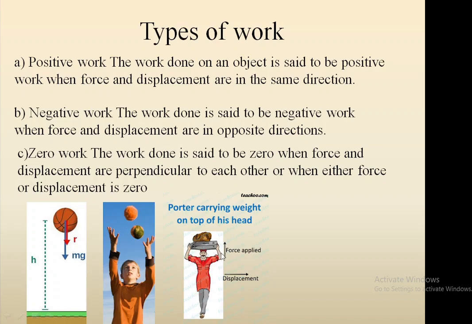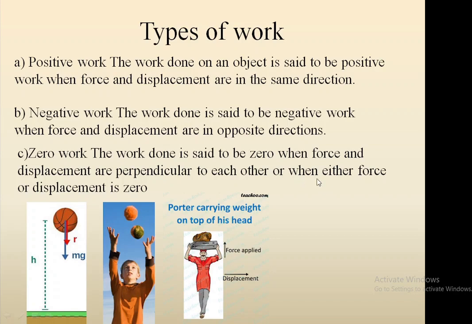So the force is in the upward direction and the displacement of the luggage takes place in the horizontal direction. That means both these directions are perpendicular to each other. In that case, we say the work done is zero.